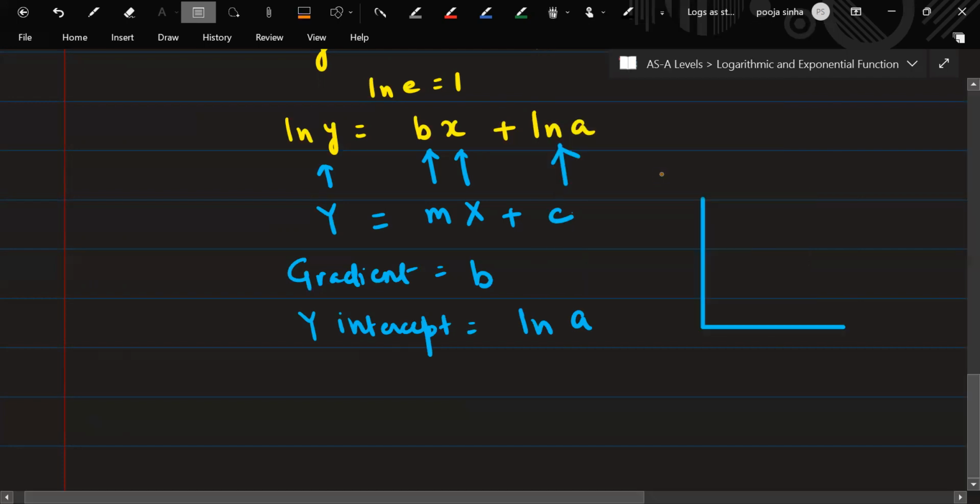It should be ln y, and here it should be x. In this case, the plotting is between ln y and x. Got it? And what's your y-intercept? Somewhere here will be ln a. You will have a value for a, and the value you get by calculating ln a will be your y-intercept, and the gradient maybe looks to be positive, so it will be like this, and this will be b. How will we know which one is m, which is x?